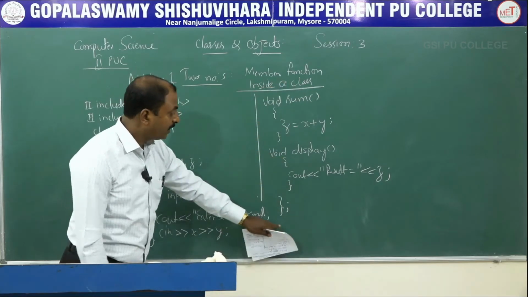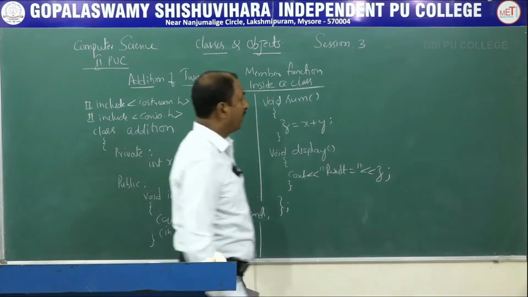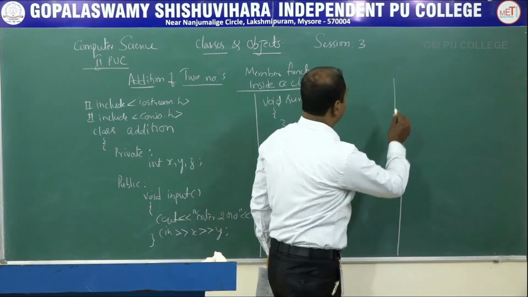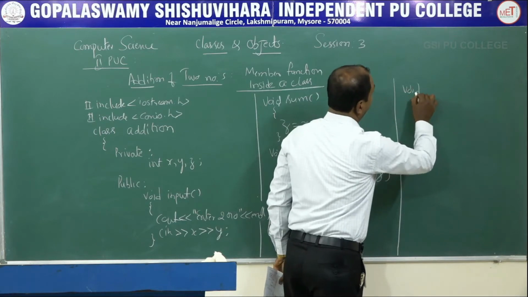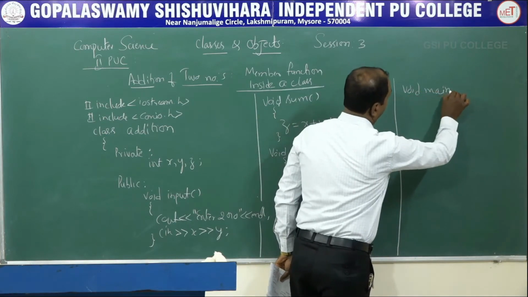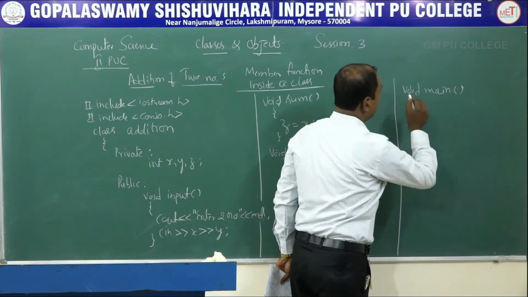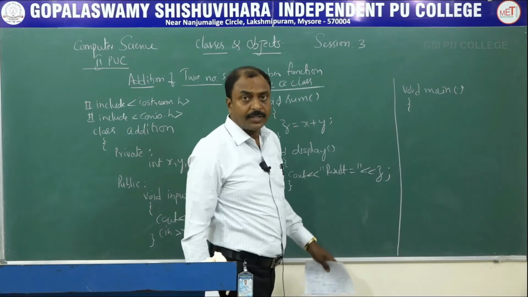Next, you already know what the next step is after this. The main function, because every C++ program must have a main function. Void main. Void main is a function, and here I open the bracket.